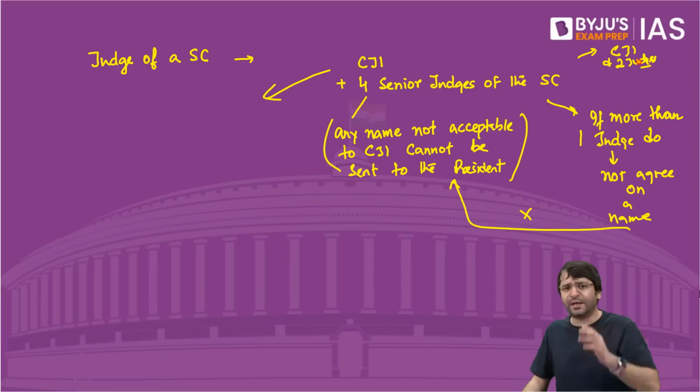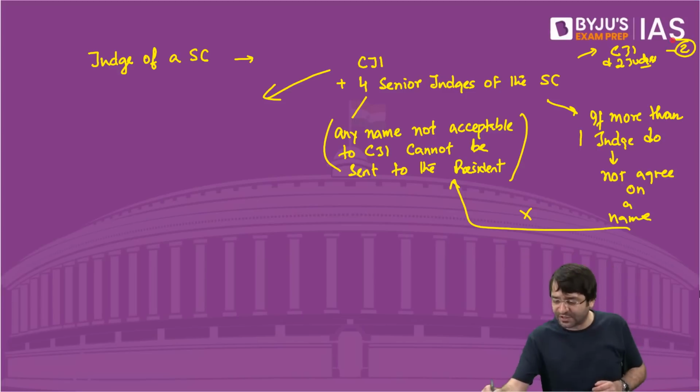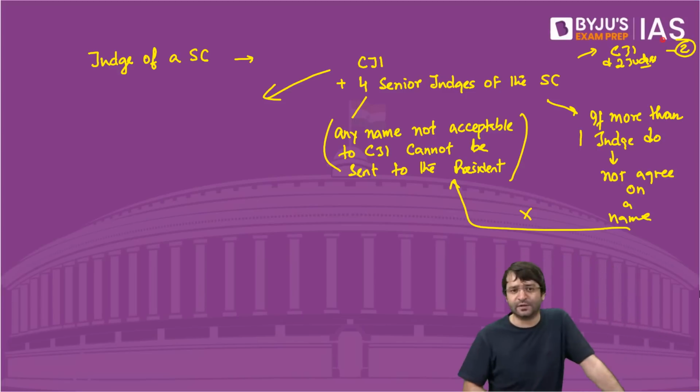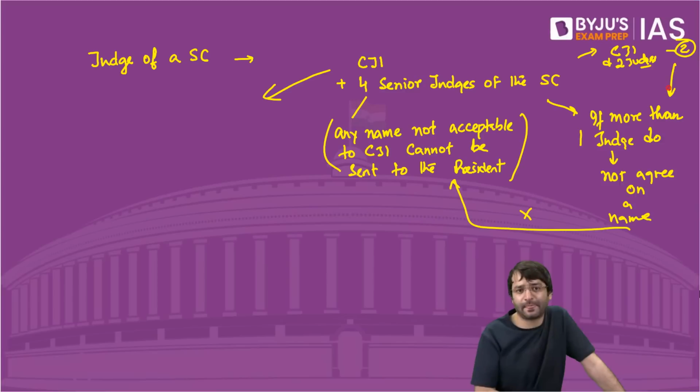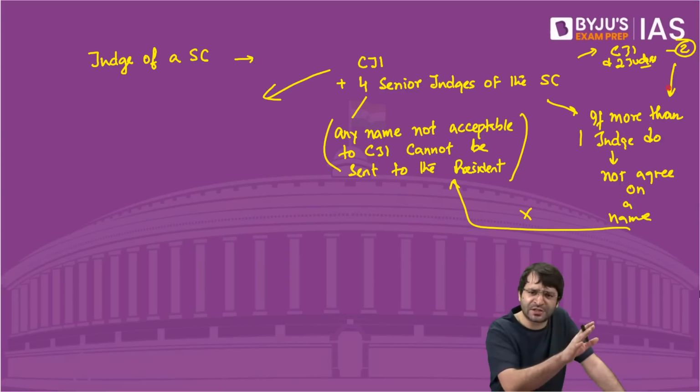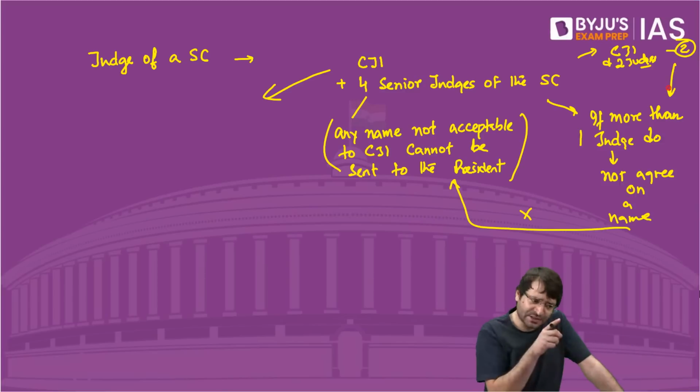They agree on my name. But 2 other judges say, no, we don't agree. He is not a fit candidate. He is not a good candidate for the post of the judge. That means more than one judge has disagreed with my name. No matter who this judge is, whether it is Chief Justice of India, whether it is other judge, but since more than one judge has disagreed, my name cannot be sent to the President for appointment.